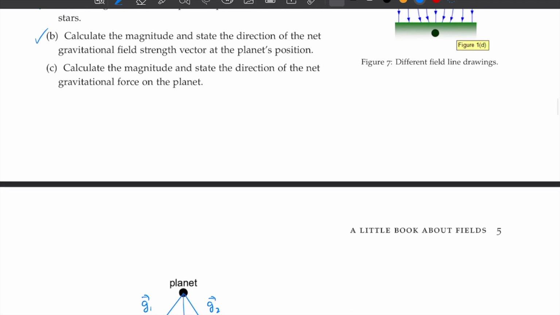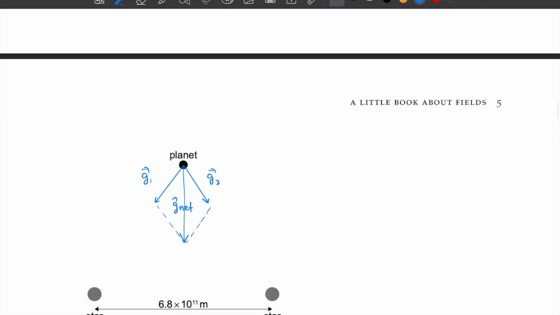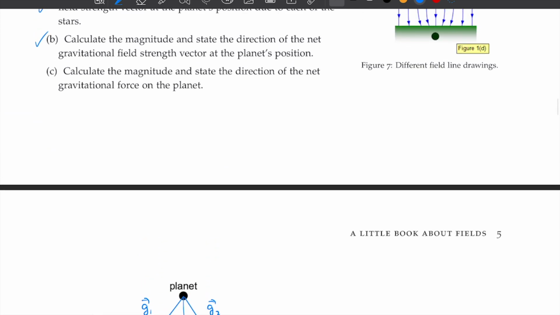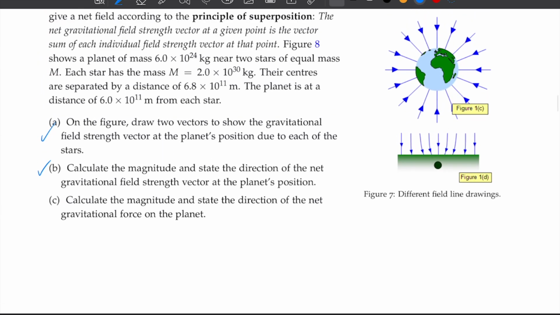Calculate the magnitude and state the direction of the net field strength vector. The direction is straight down, as you can see, but the magnitude, how long is that arrow? Let's work that out. We can first work out the magnitude of each of the field strength vectors, because that's going to be Gm over r squared.